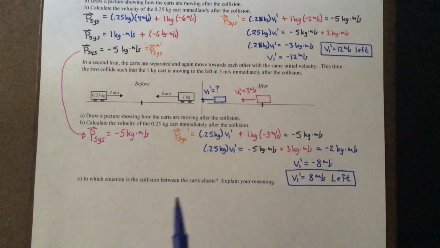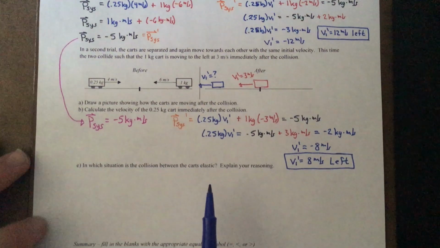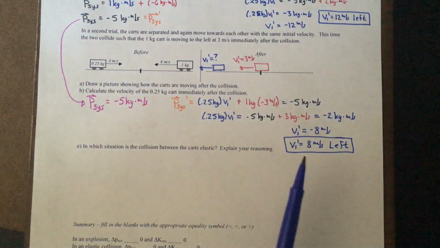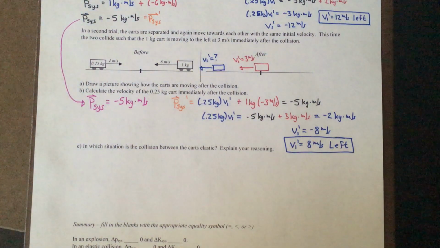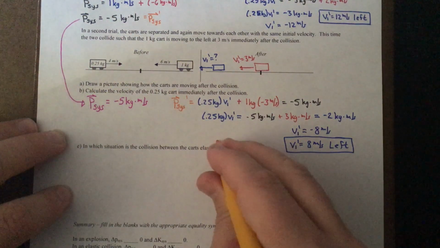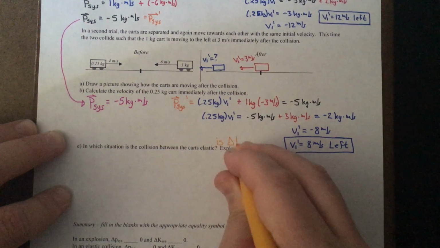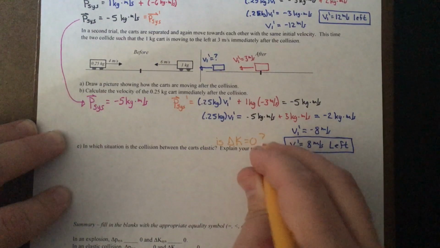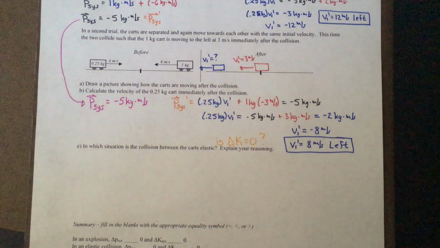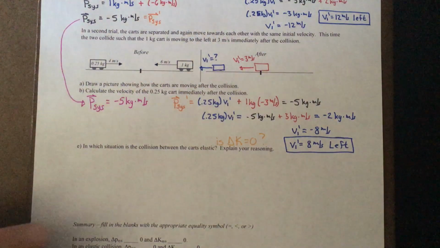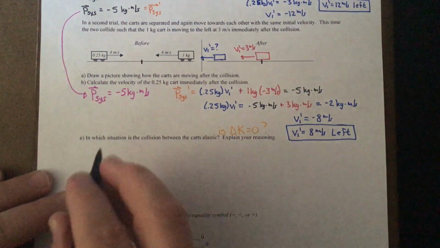All right, so now in which situation is the collision between the two carts elastic? Explain your reasoning. Well, our reasoning is real simple. Our reasoning is the change in kinetic energy 0? That's what we're looking for. So I'm not going to work out all the math. Dramatic pause.